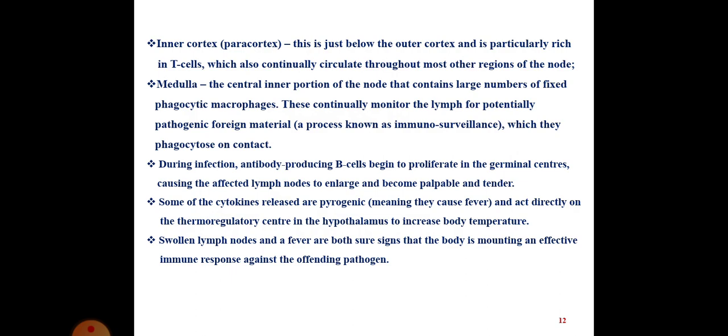Some of the cytokines released are pyrogenic, that is, they cause fever, and they act directly on the thermoregulatory center, the hypothalamus, and thus increase the body temperature. Swollen lymph nodes and a fever are both sure signs that the body is mounting an effective immune response against the offending pathogen.